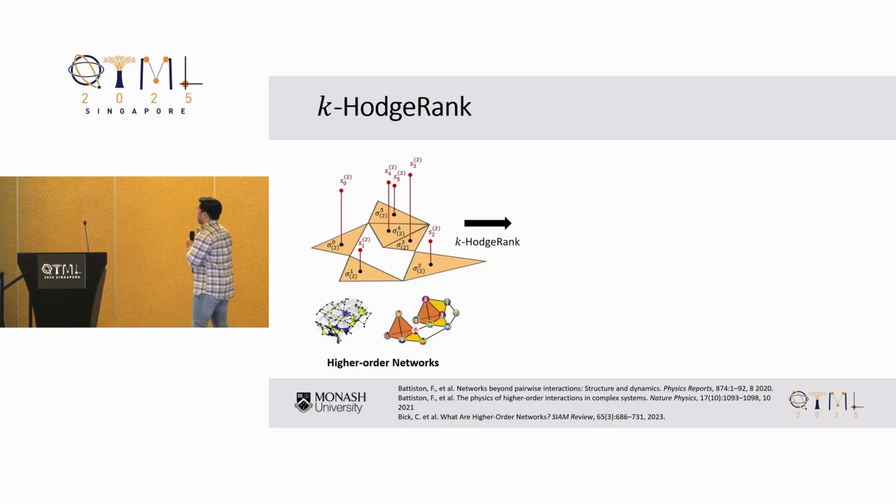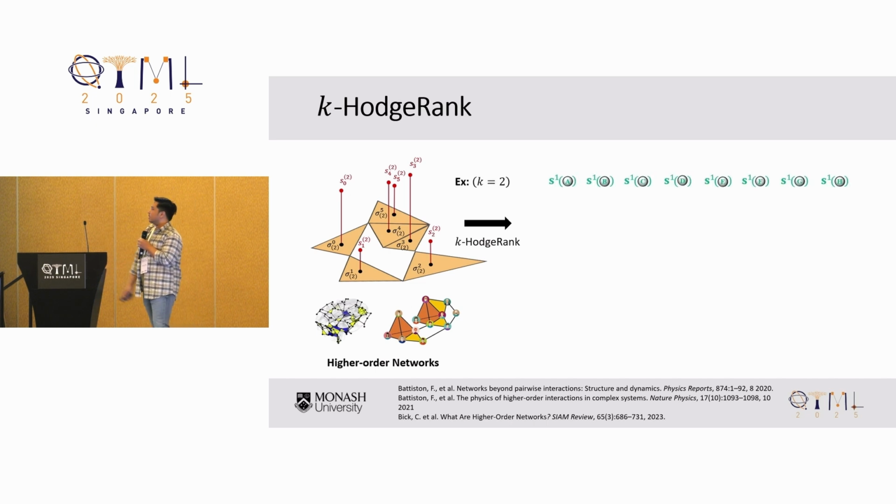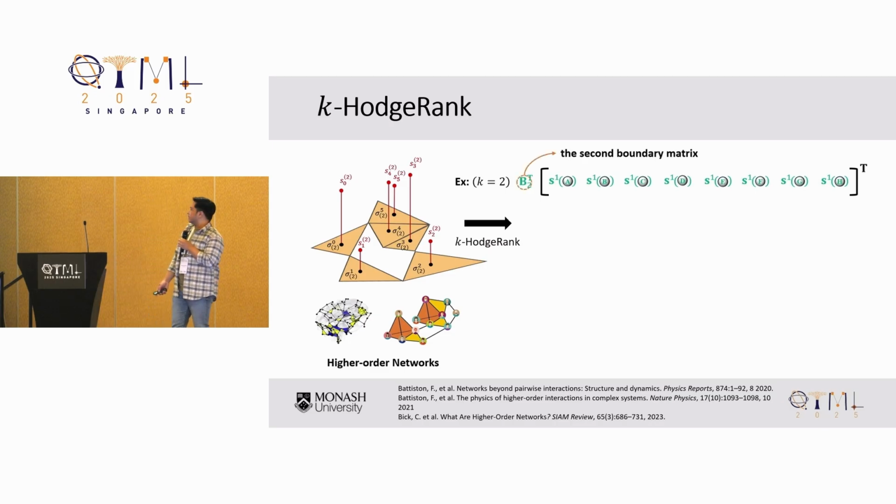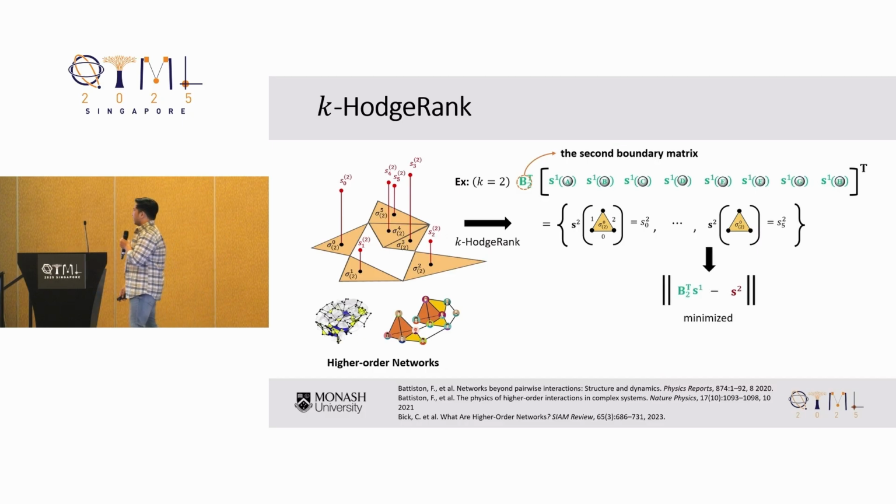So, given data on K simplices, for example, for K equals 2, which is just triangles, HodgeRank will output the data on edges. And if we apply the transpose of the second boundary matrix, we'll have a new assignment for the data on triangles. And this also satisfies this minimization problem.